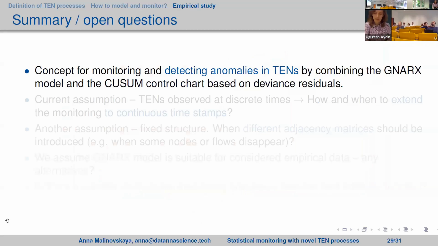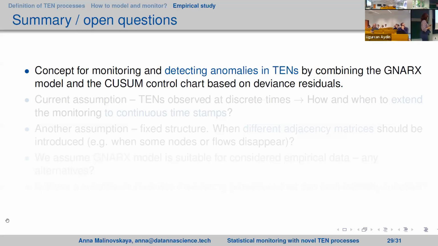So the summary and the open questions are around this procedure, which we divided into two parts. We selected the GNARX model for modeling, and we selected the CUSUM chart to perform the monitoring, and that basically created this procedure for surveilling flows.